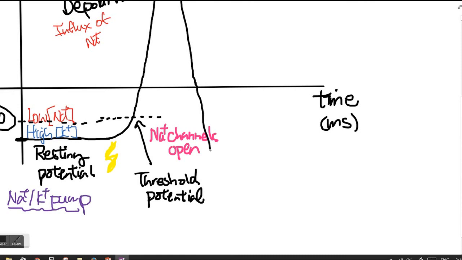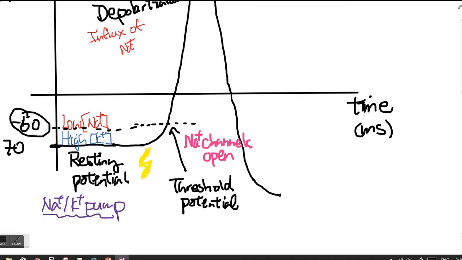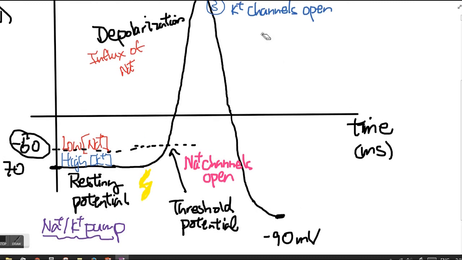And because there is so much potassium leaving, you will go beyond your resting potential of minus 70. In fact, you're going to go all the way down to approximately minus 90 millivolts. So this dropping of your membrane potential, becoming negative again, is what we call repolarization.